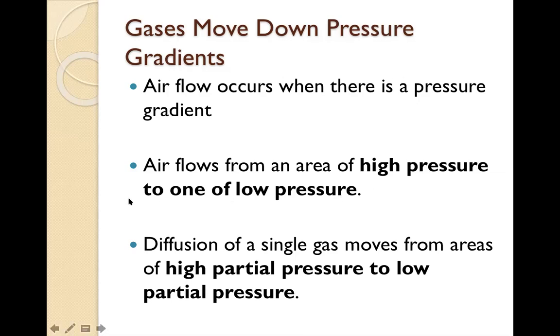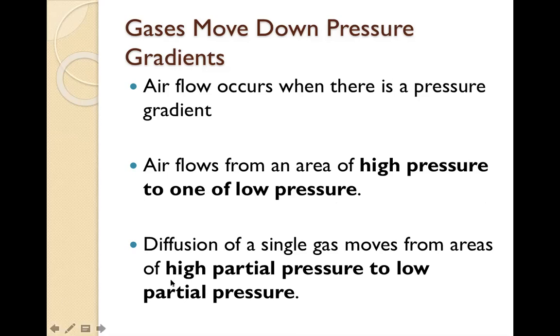And so we can actually take this concept and talk about it in terms of diffusion of gases and what direction the gas is actually going to flow. So the diffusion of a single gas will move from an area of high partial pressure to an area of low partial pressure.